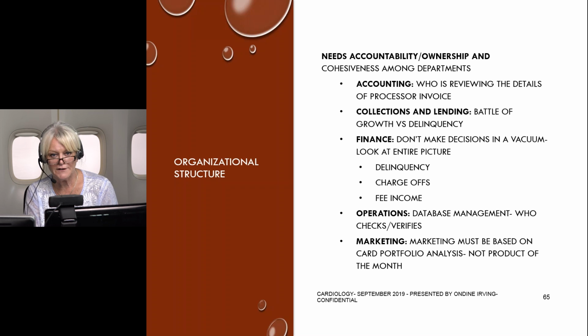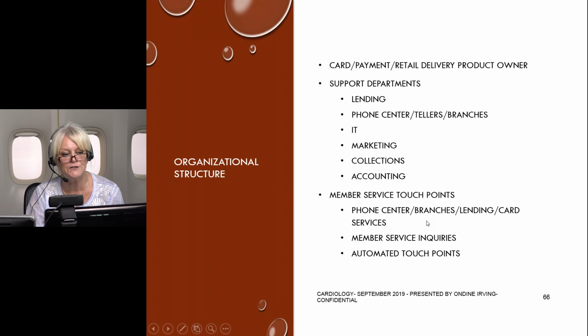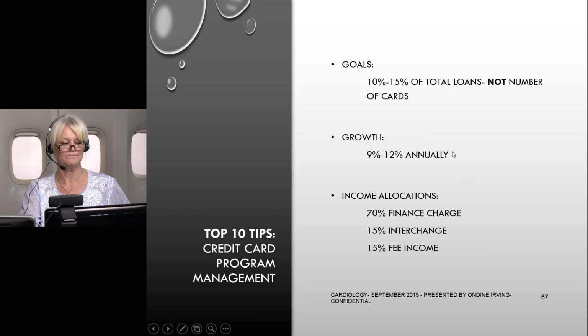They will make the final decisions. You know, of course, lending has to do the underwriting. But at some point it's got to stop because there's too many opinions on what works and what doesn't. I know what works. I'm now seeing, instead of a card product owner, it's going to payment to retail delivery product owner. You've got all of the supporting departments, the member touch points.